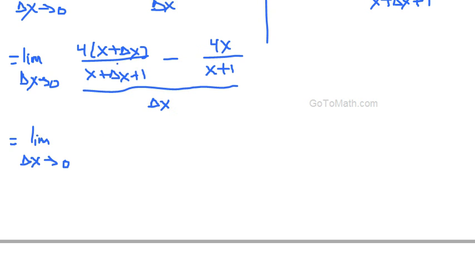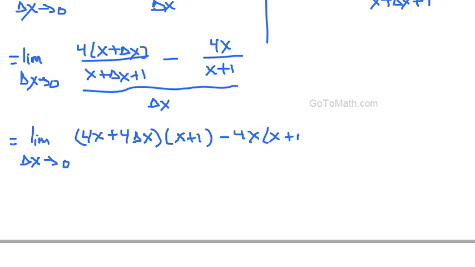Bunch of arithmetic, basically. Let me just go. I'm going to distribute that across. We have 4x plus 4 delta x. Okay, and then that's going to be multiplied by x plus 1. That would be this x plus 1 multiplied up here, and then of course we'd be taking this, multiplying it across.